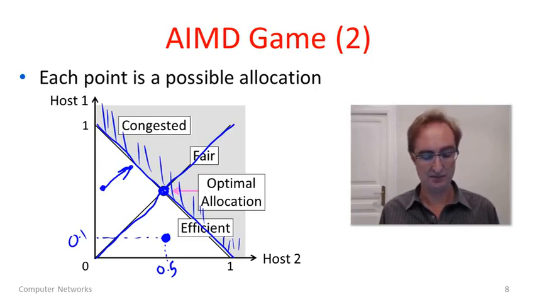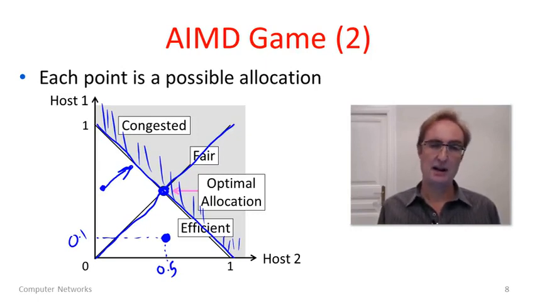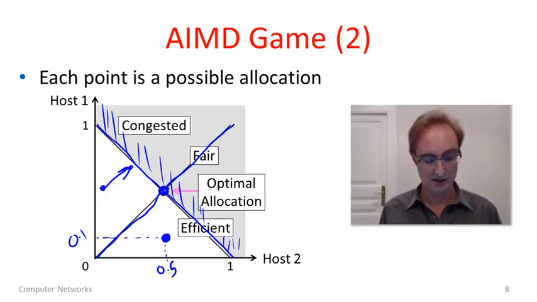Now, if one of them had a larger bandwidth allocation, with multiplicative decrease, it's going to lose a bigger portion than the other one. It turns out that a multiplicative decrease effectively takes you back on a line towards the origin. You can see from here, host 2 had a smaller amount of bandwidth here.